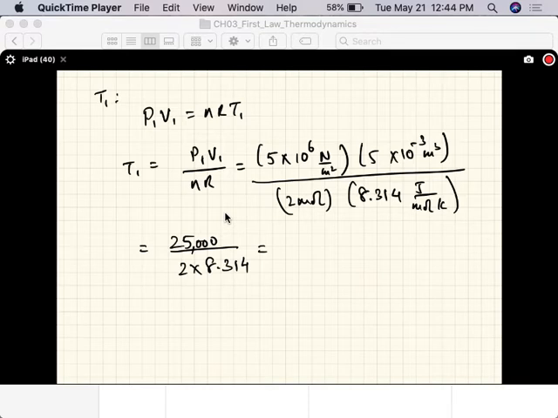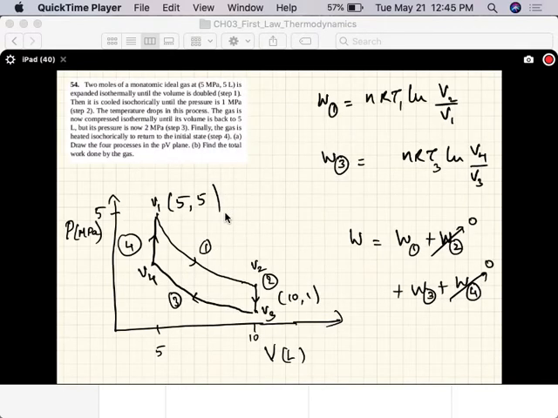Wow. Did I do something wrong? No. So T1 is 1503 Kelvin. Similarly, for T2 we will use this point to calculate the temperature for this isotherm.